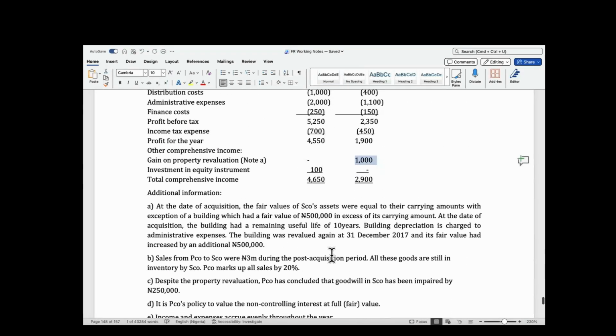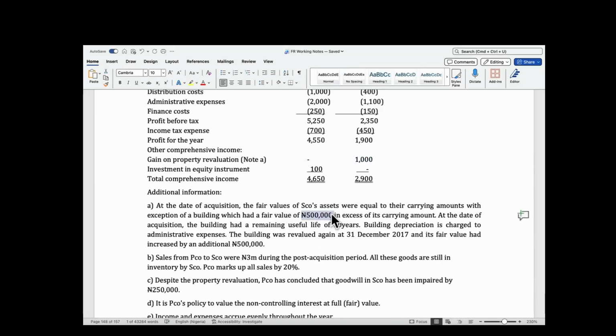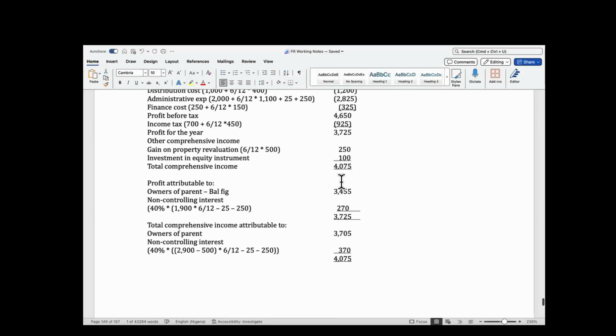This 1,000, like I've explained to you, it comprises this 500 plus this 500. This one is pre, this is post. So pre is cancelled. Usually it has been cancelled out on consolidation. So that's why I had to remove this 500 first. Is that pre portion that I removed?